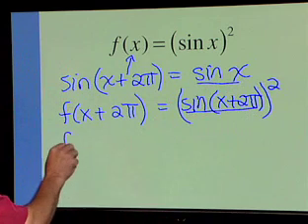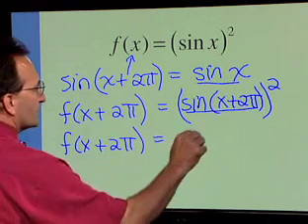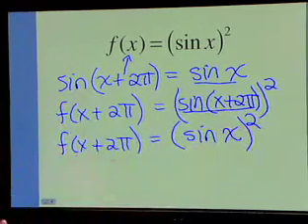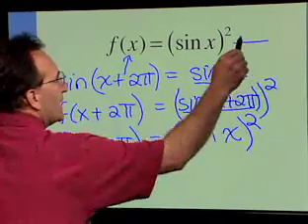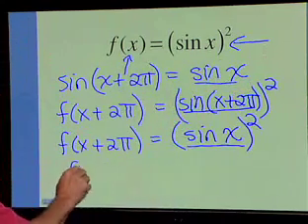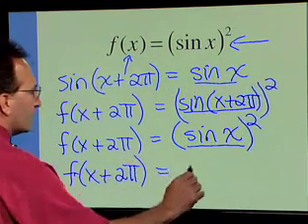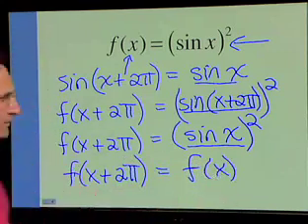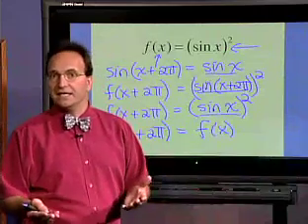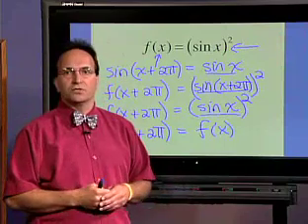So f(x + 2 pi) is equal to (sin x)². And since (sin x)² is equal to f(x), that means f(x + 2 pi) = f(x). Therefore, we can conclude that f(x) is periodic with some period that divides into 2 pi.